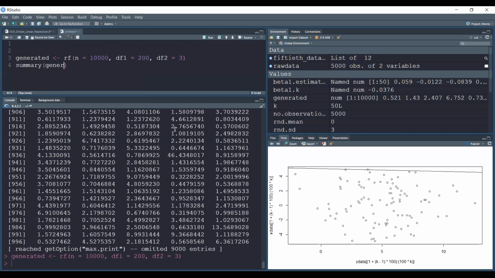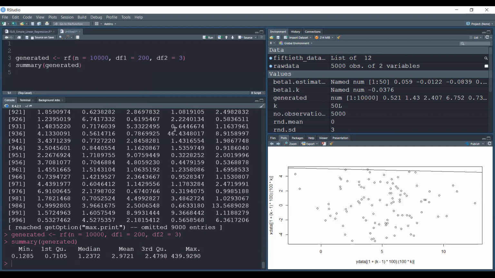And now we can say summary of generated. Look, we have for 200 observations and 3 predictor variables, x1, x2, x3, the greatest generated value is 439, and we got 570, which is larger than 439.